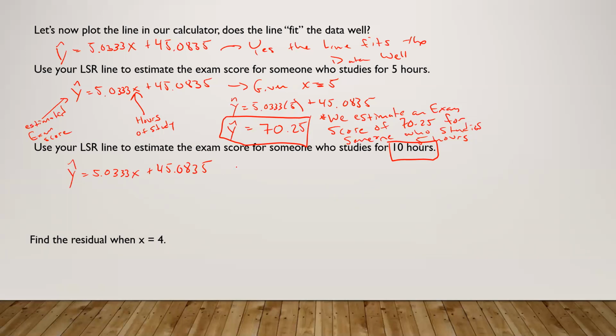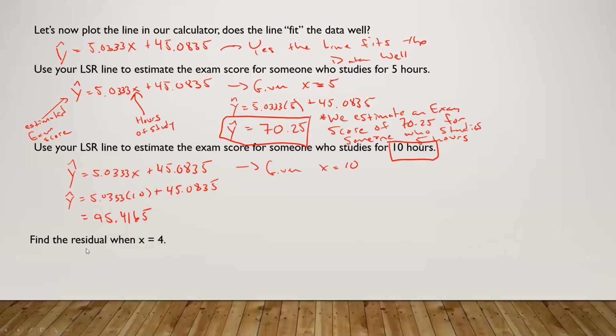You're given that x is equal to 10. You're going to take that and just plug it in for x. If you plug this in your calculator, to save some time, I'm going to quickly do it for us. You get 95.4165.